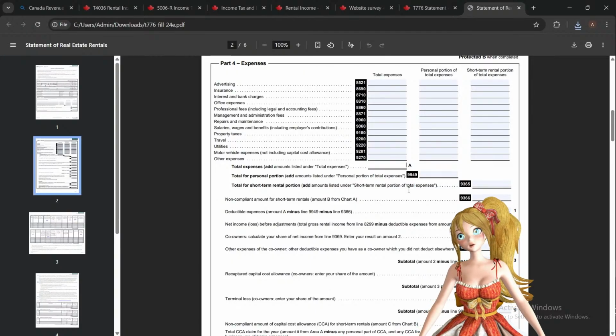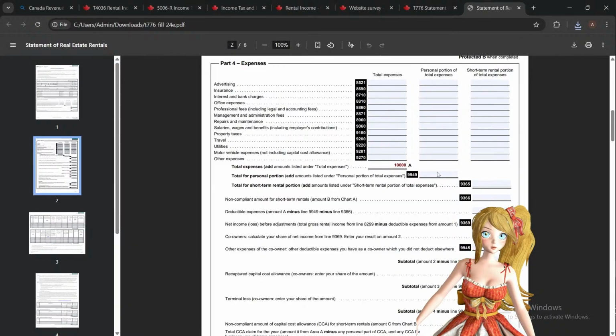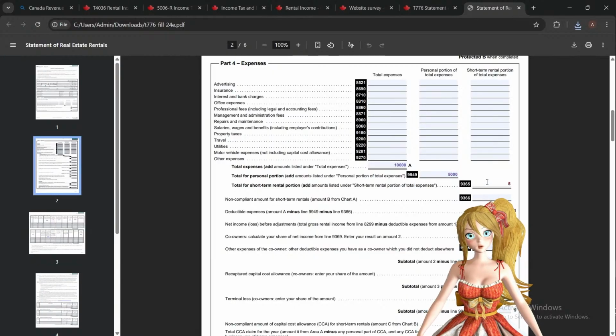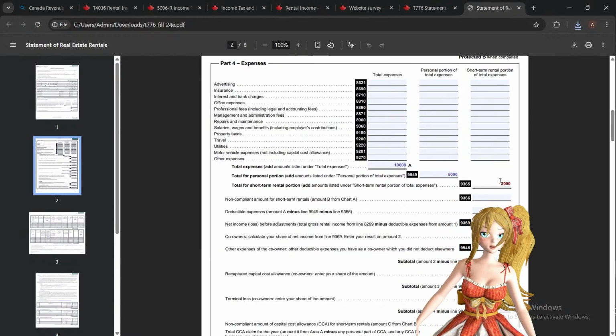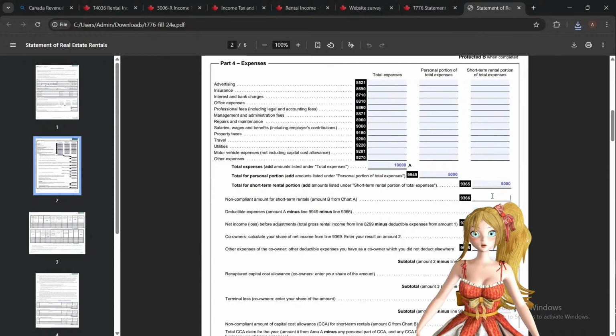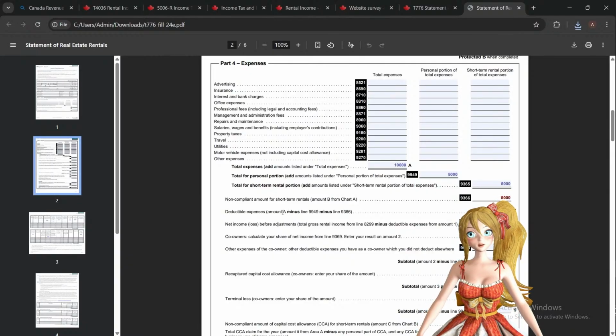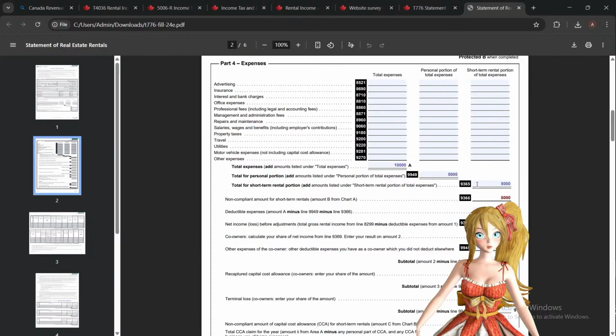Okay, let's say for the year, I have to pay $10,000 in rent. And half of that is my personal expenses. Half of that is a tenant's expenses. And let's say they were non-compliant for the whole year. Okay, so my deductible expenses are line A minus 9949, my personal amount, minus 9366.